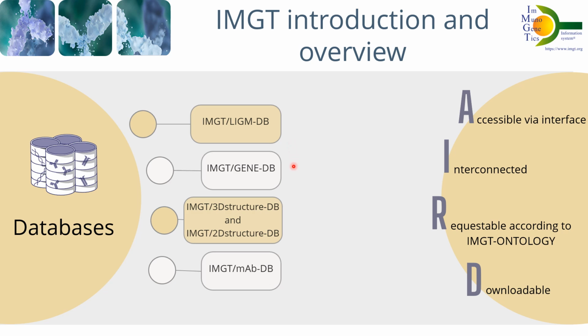The curated immunoglobulin and T-cell receptor genes that are entered and managed in IMGT GeneDB, with all IMGT identified alleles, highlight the potential great polymorphism of these genes and can be retrieved via this database.